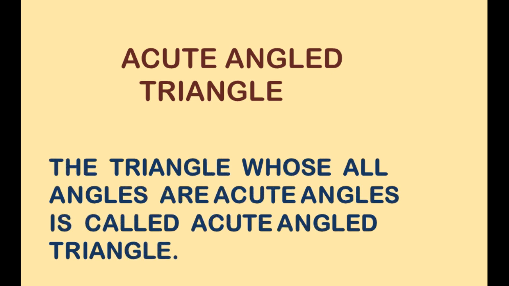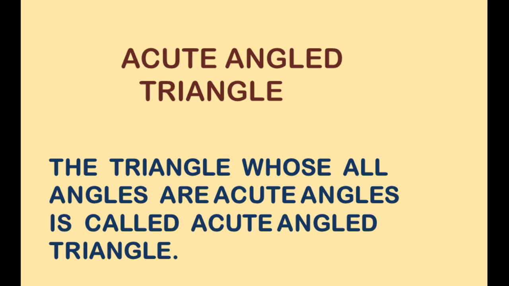So now first, acute angled triangle. What is an acute angled triangle? A triangle whose all angles are acute. Now you know what is an acute angle. For that you can watch my video on different types of angles. Acute angle means each angle is less than 90 degree.